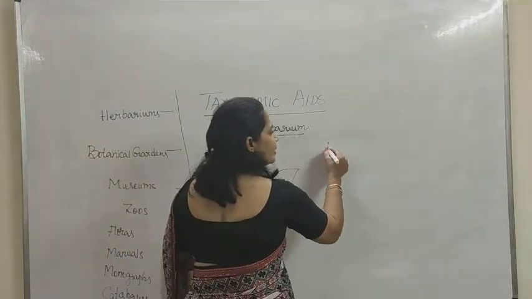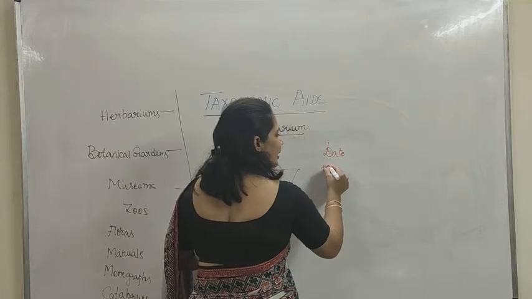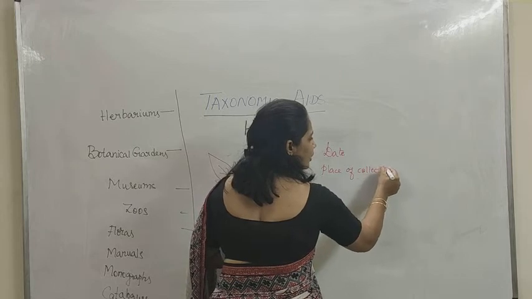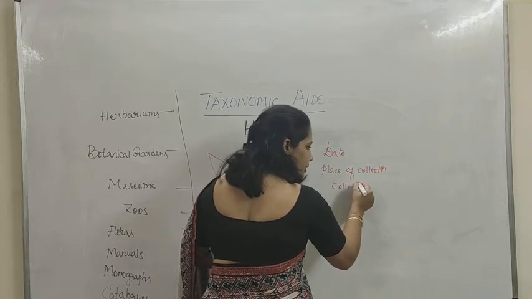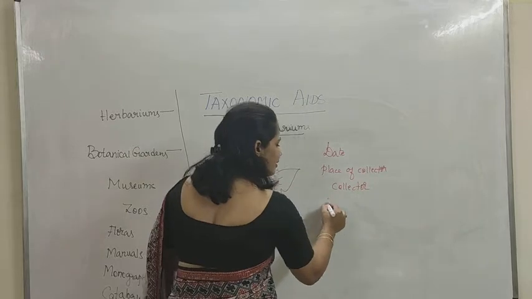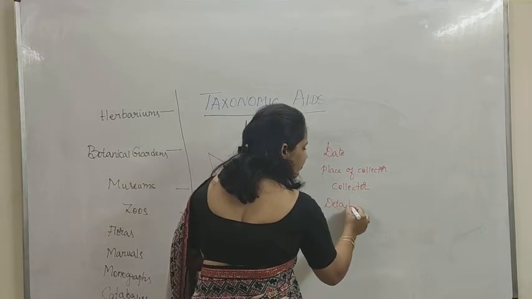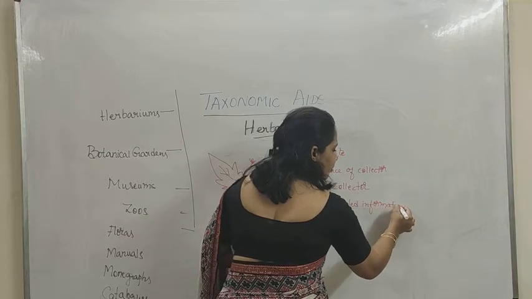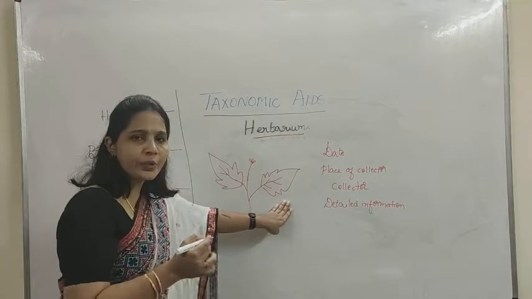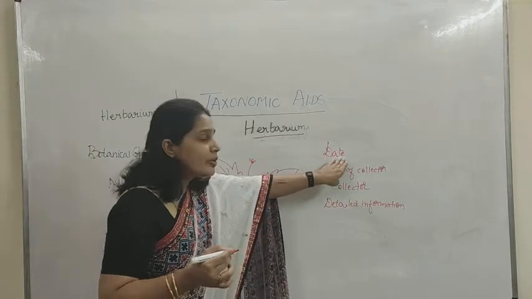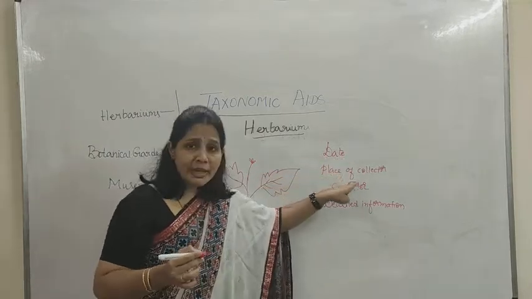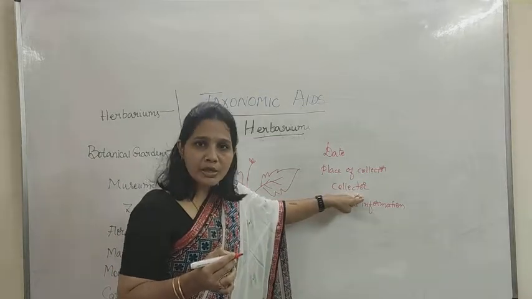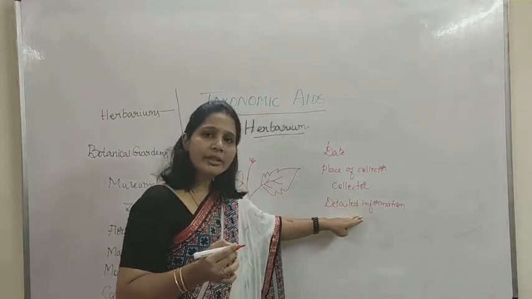They maintain the date, the place of collection, the collector, that means the person who has collected it, and the detailed information of this plant twig. That means when it was collected, in which geographical area it was collected, the person who had collected it, and the detailed information.